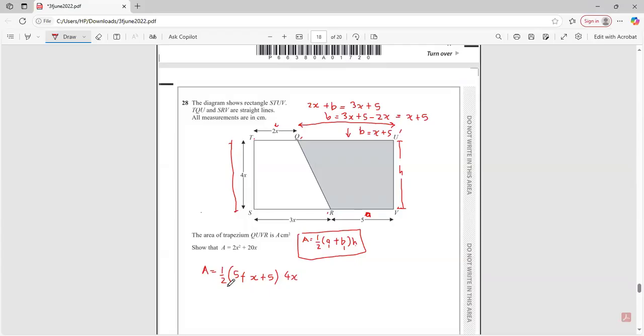So let's see how this goes now. Let's deal with the guys inside the bracket before we come to the guys outside. So what's happening inside that bracket? What do you think will be inside the bracket?